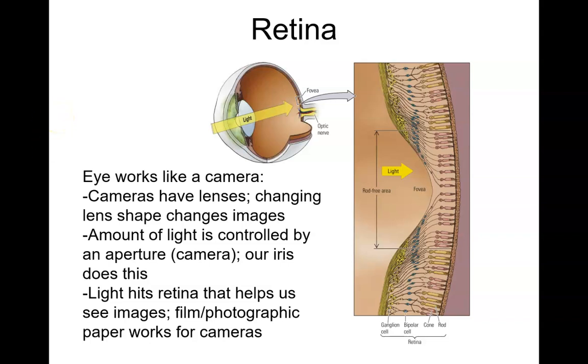So the last time we were here, we were talking about the major components of the eye. And as I mentioned, it's a very common metaphor to liken the eye to a camera. So you can see here that light will enter through the cornea into the pupil and will strike the lens.